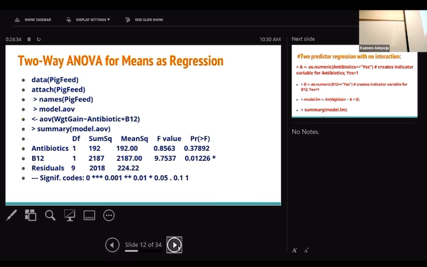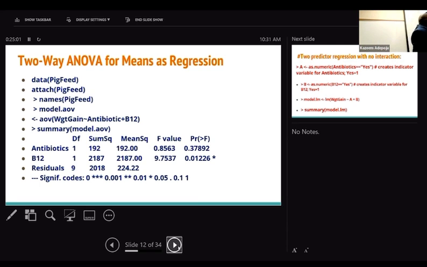Of course, I'm trying to import my data, which is from the textbook. When you want to import any data from that textbook, don't forget you're going to load the library, stats data. Don't forget. And after loading the library, you're going to write data, parentheses, the name of the data file.